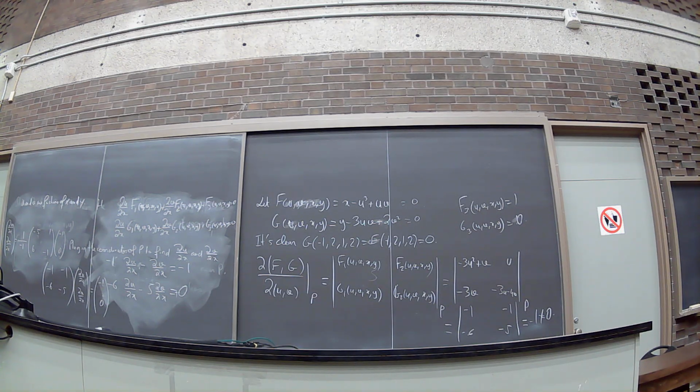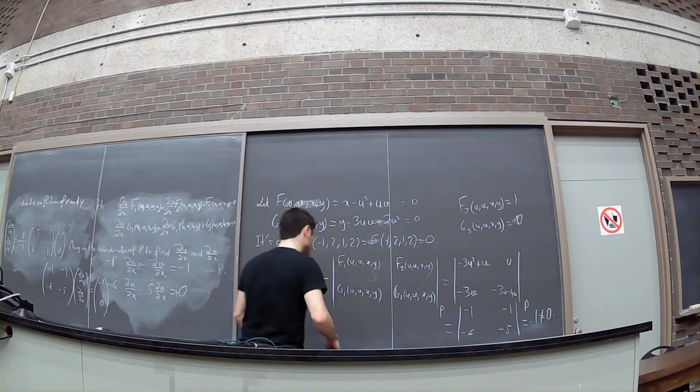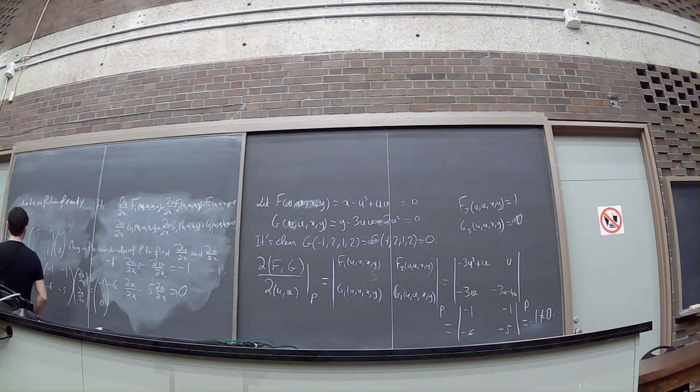It doesn't look right. Did I mess it up? So let's see. Minus 1, minus 5. What's the determinant? It's minus 5 plus 6. No, the determinant is 1 here, right? It's 5 minus 6, so it's minus 1. What happened? Minus 5, minus 1. So it's 5.